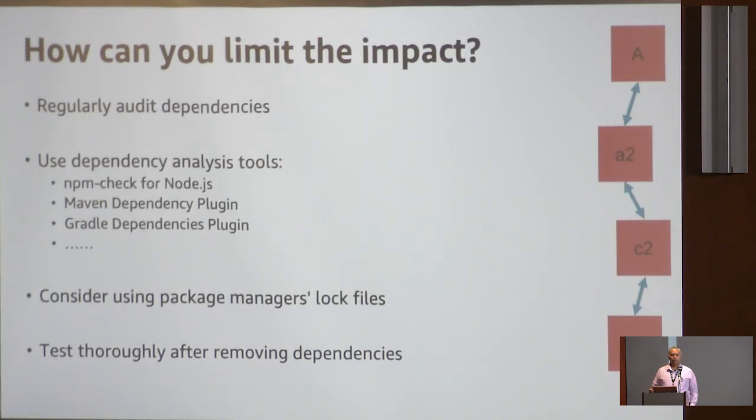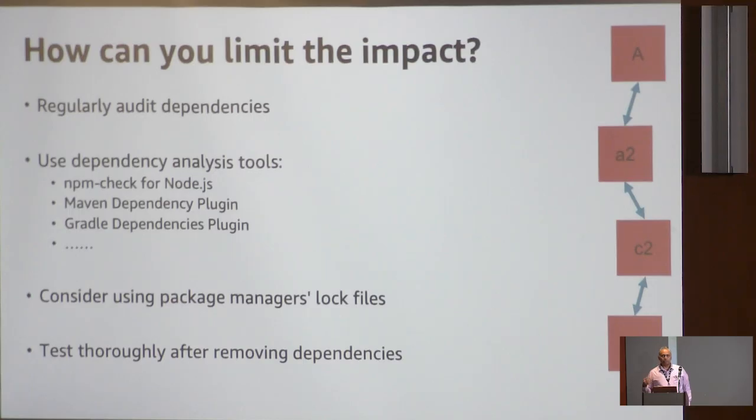Now, how do you limit the impact of all this uncertainty? You need to make sure that you are conducting an audit of your dependencies. Ideally, you should be using some sort of tools, like npm check, or Maven or Gradle dependency plugins, depending on the language you are using. You should also use the package manager's lock file, so at least you are pinning your dependencies.